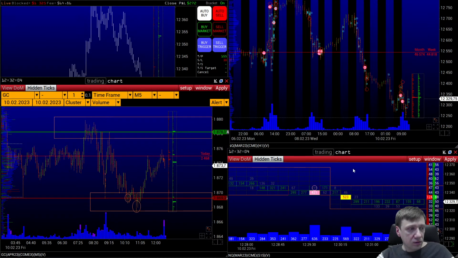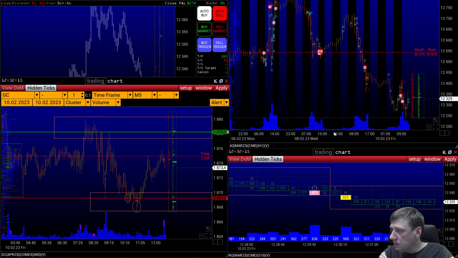I'm using box chart. Actually, you can see what I'm using here. I tried to put everything I use on this small screen, because usually I have much more windows opened, but I can't show you all. And you can see all instruments I use here.